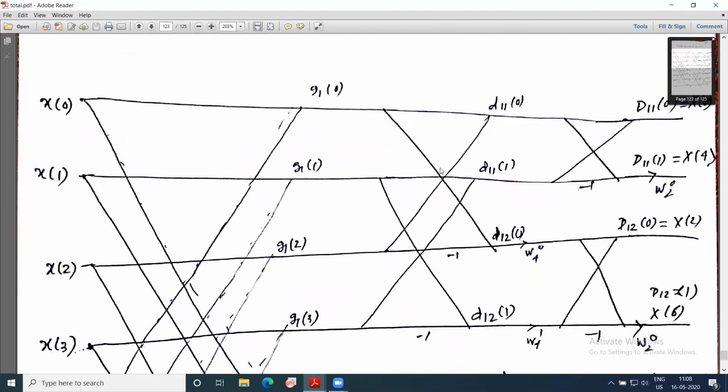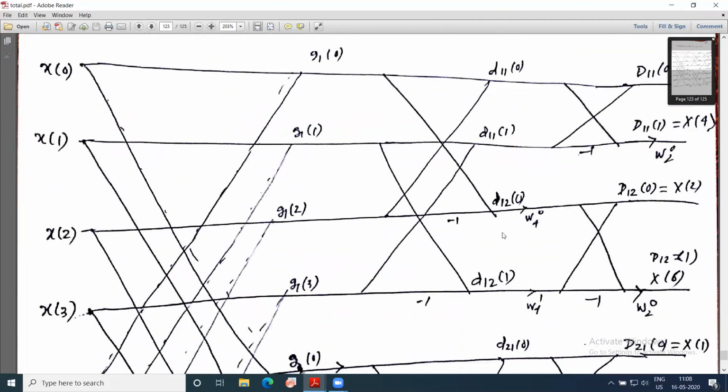Now see G1 of 0, this is minus. So this is D12 of 0. So G1 of 0 minus G1 of 2, multiplied by W4 0. Similarly D12 of 1, G1 minus G3 multiplied by W4 1. Is it all right?